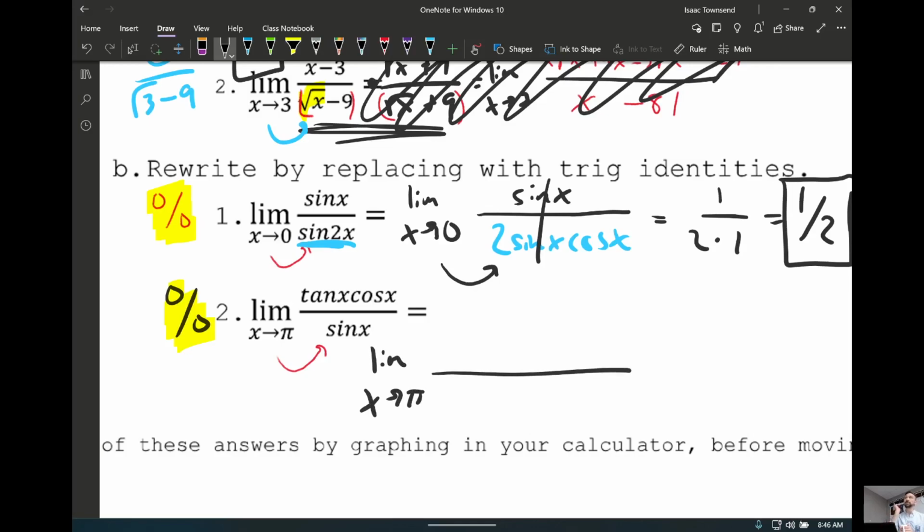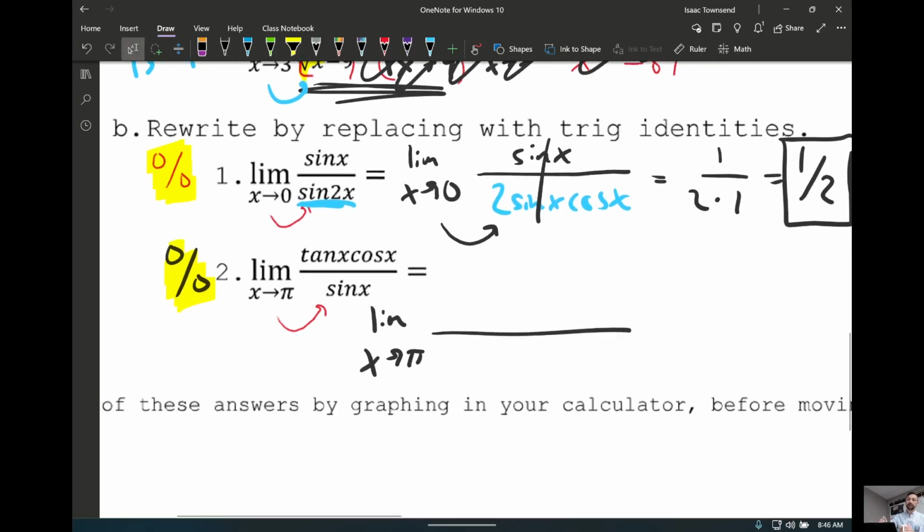If you remember last semester, probably the hardest thing we did was trig proofs, where you had something on one side, something else on the right side, and you had to make the left side look like the right side. Honestly, you don't have to do trig proofs in calculus, but you do have to be creative in how to make this look different.